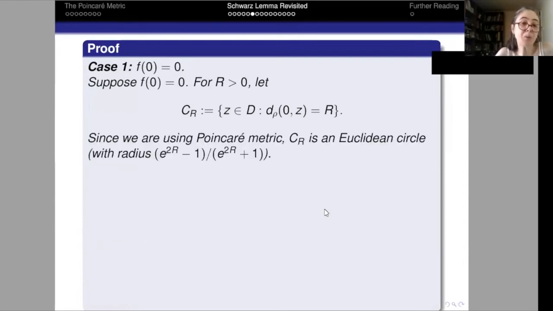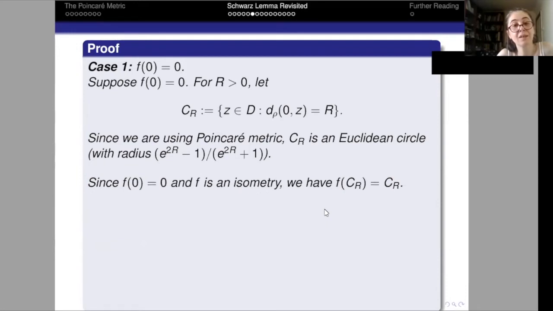Since we are using the Poincaré metric, C_r is a Euclidean circle as well, but its radius is (e^{2r} minus 1) over (e^{2r} plus 1). f(0) is equal to 0, and f is an isometry, so we have f(C_r) is equal to itself, C_r.